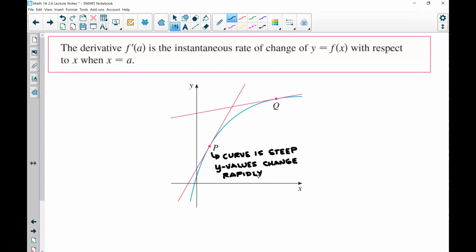And then at point Q, the curve is relatively flat, and therefore the y values change slowly.